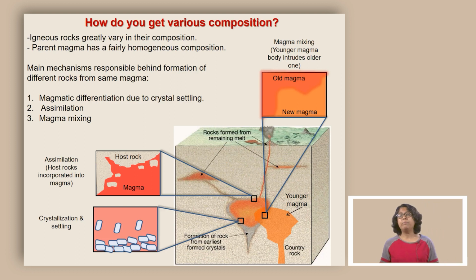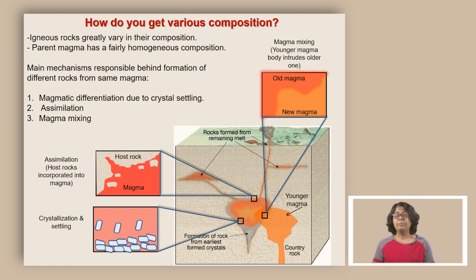And there are three major mechanisms that contribute to this. The first mechanism is the magmatic differentiation due to crystal settling, and we talked about it. It is also called fractional crystallization. As we know, different minerals crystallize at different temperatures.